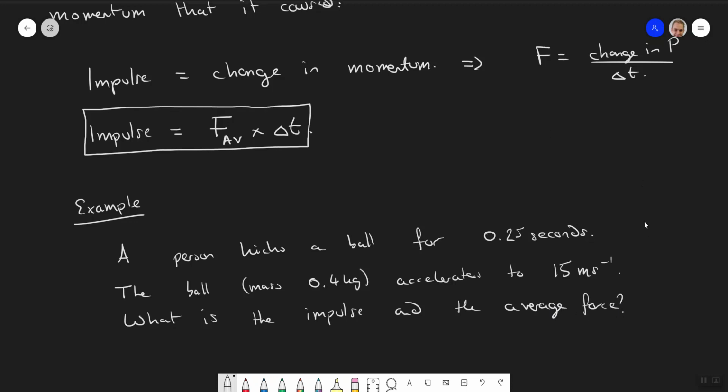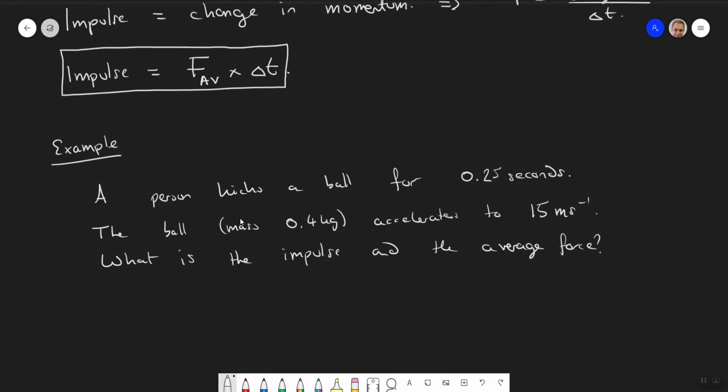Okay, so the impulse is equal to the change in momentum, so that is mv minus mu. mv is 0.4 times 15, minus mu, which is 0, and that gives us 0.4 times 15, which is 6.